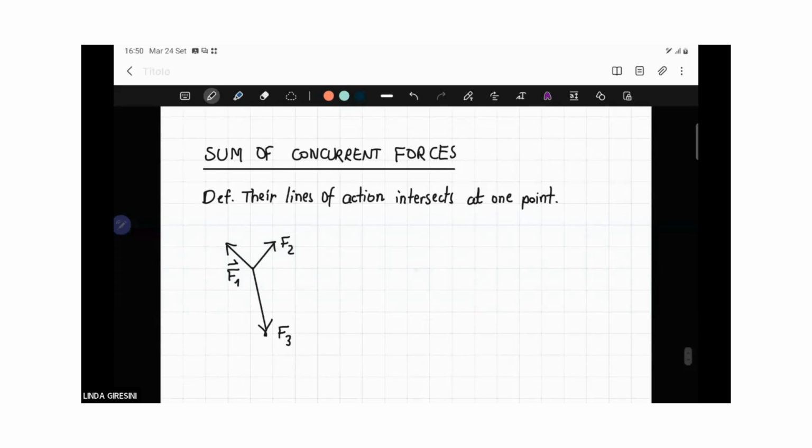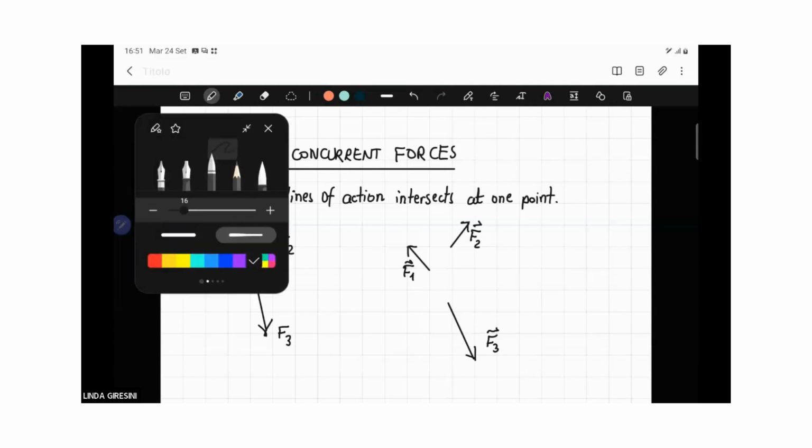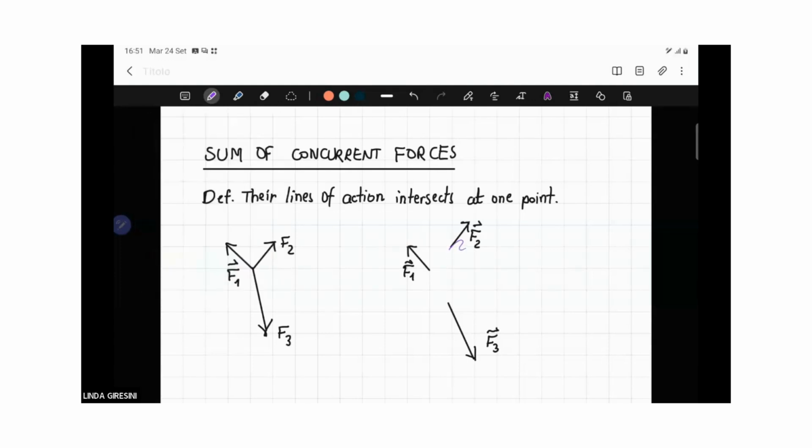Of course, another example can be this one, F1, F2, and F3. So the forces can also be separated. The important thing is that their lines of action, so if you make an extension of the action line of the forces, must intersect at one point.